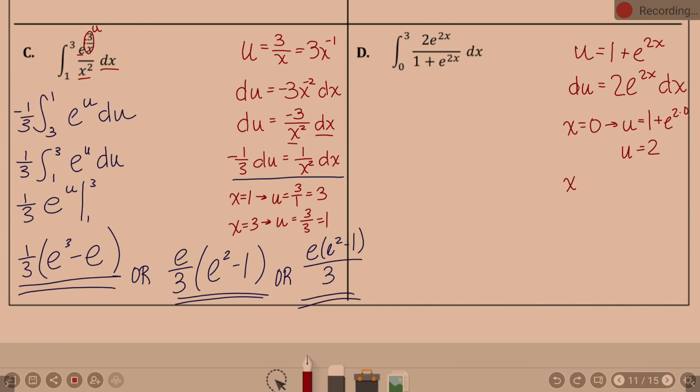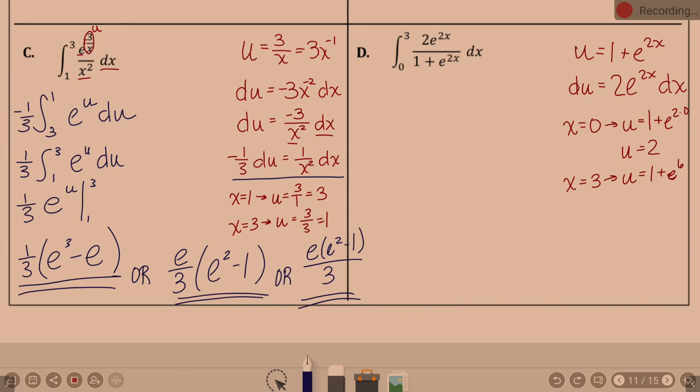If x is 3, then u is 1 plus e to the 6th, and that's just that. That's not getting any better. Okay?